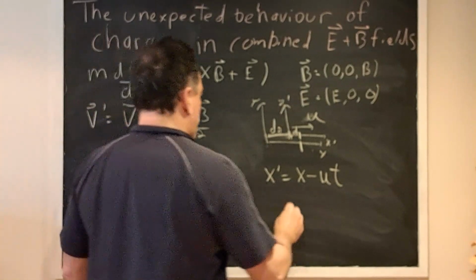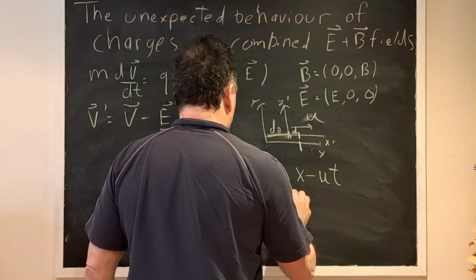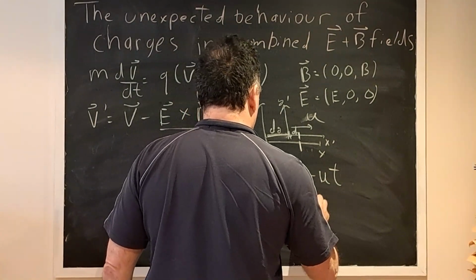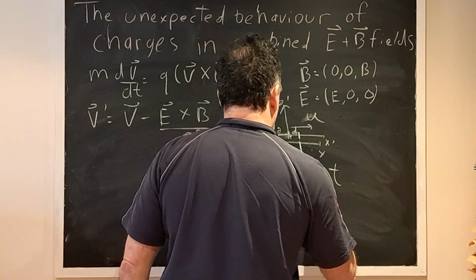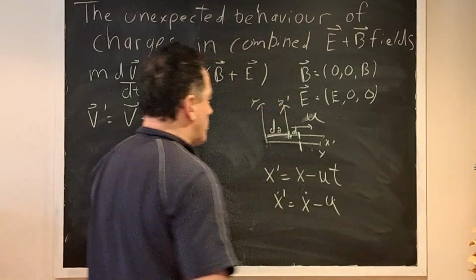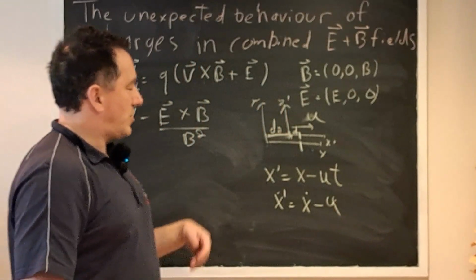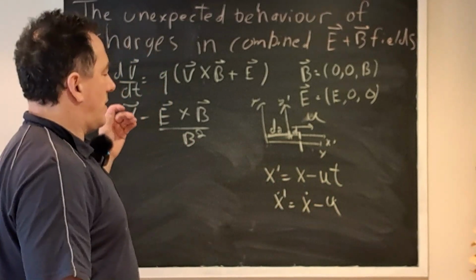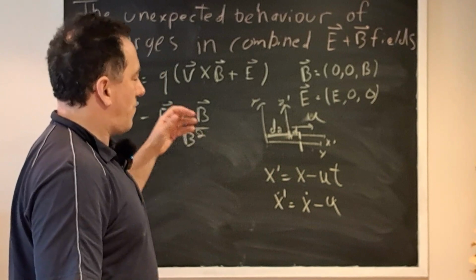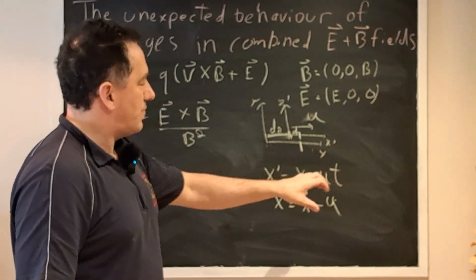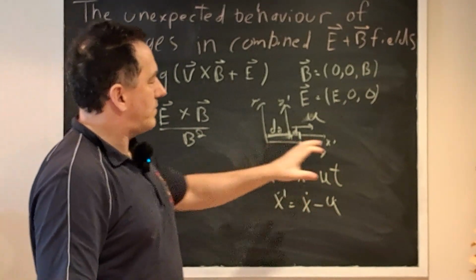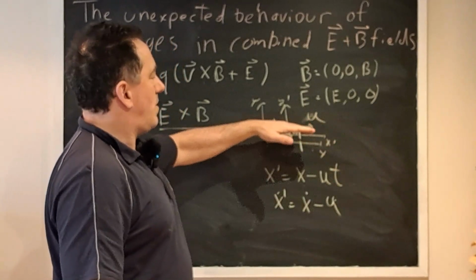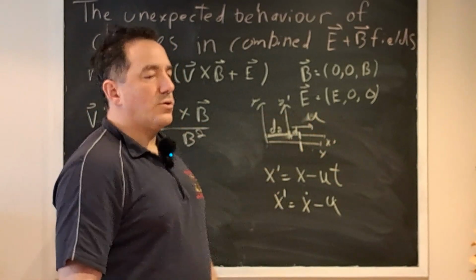Now that gives us that x dot prime equals x dot minus u. So when we change reference frame, to obtain the velocity vectors in the other reference frame, we subtract the relative velocity between the two reference frames.